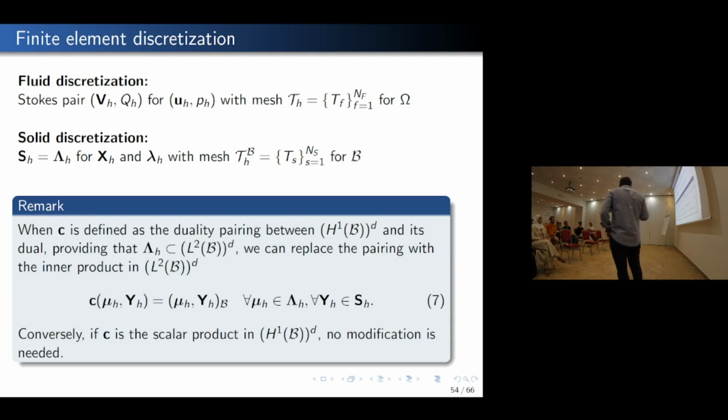And if C is the scalar product in H1_B-D, no modification is needed.